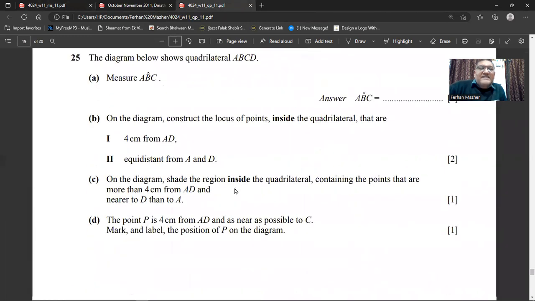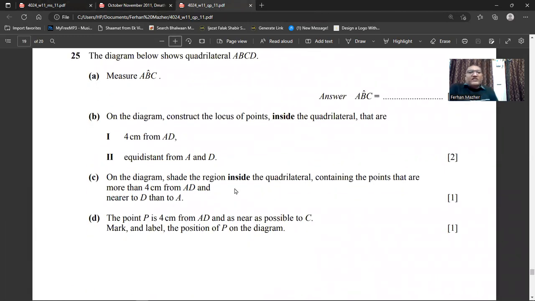Now, the next thing, on the diagram, construct the locus of the points inside the quadrilateral that are 4 centimeter from AD. So you will have a 4 centimeter distance from a line. So you will draw a line parallel to the AD at a distance of 4 centimeter. How do you draw that? Very simple.